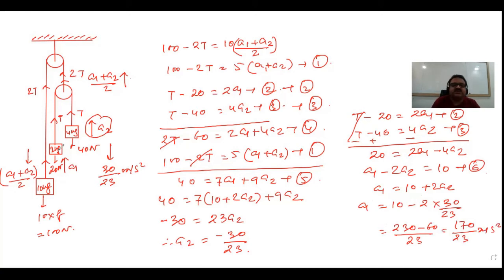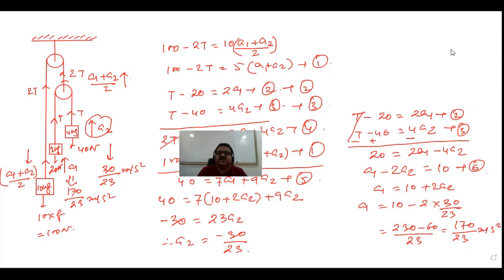And since this is positive, that means this will move up with an acceleration of 170 by 23 meter per second square. Now we need to find out the value of A1 plus A2 divided by 2. What is that?